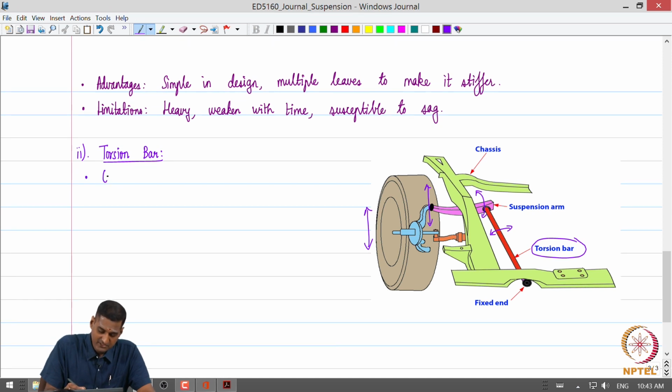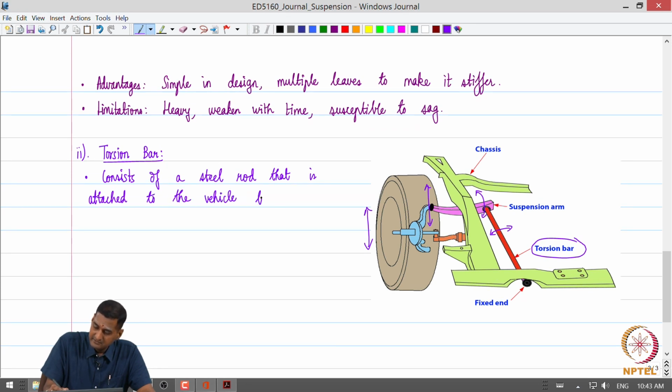Okay. So, a torsion bar essentially consists of a steel rod that is attached to the vehicle body at one end, and the other end of the torsion bar is attached to a suspension component.